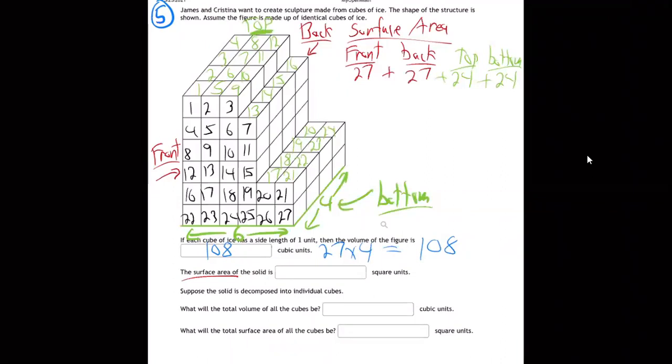All right, now all we have left is the right and the left. Let's count the rights. I'm doing the right surfaces of the cubes. 1, 2, 3, up to 24. There are 24 rights.